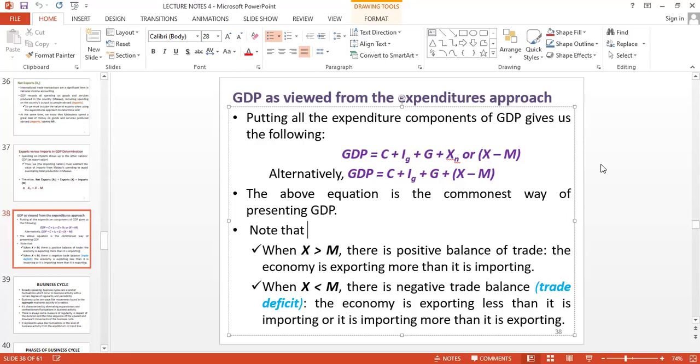So when you are a net importer like we are, our GDP shrinks because we are importing more than exporting. So the answer there, X minus M, is negative. If that answer is negative, it means our GDP is getting constrained.